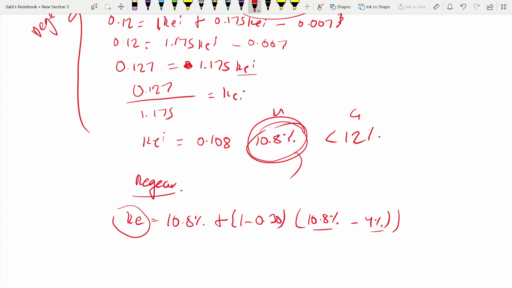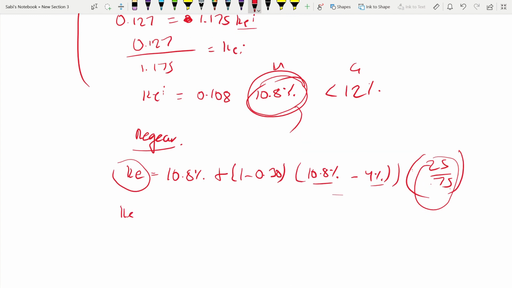Everything else remains the same. What changes? This ratio changes. Value of equity and debt changes. It becomes 25/75. Earlier it was 20/80. Because of this change, you have to do this again. So now your KE will be 12.4%. It increased from 12 to 12.4% because debt equity changed. So that's it.